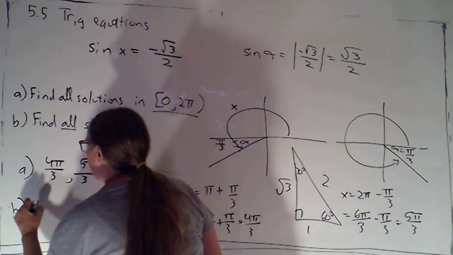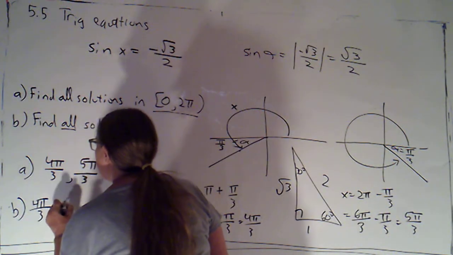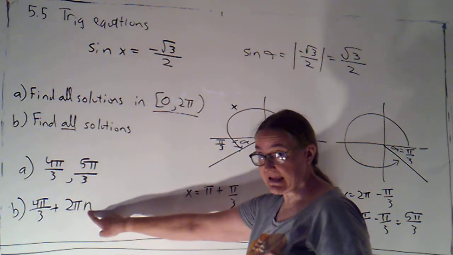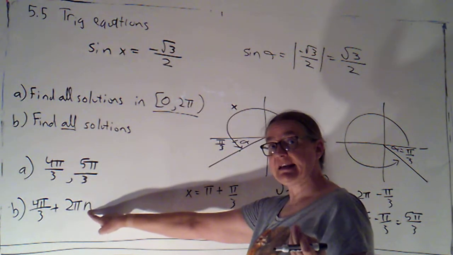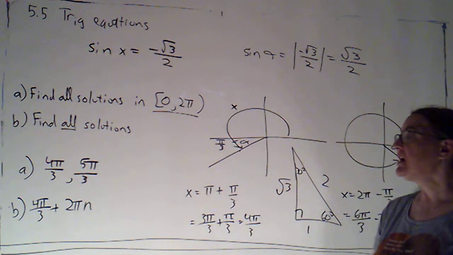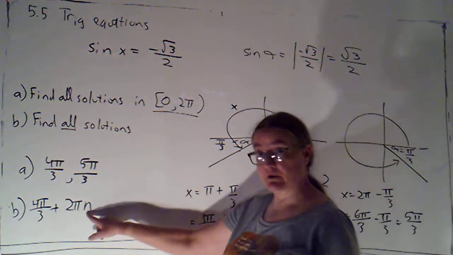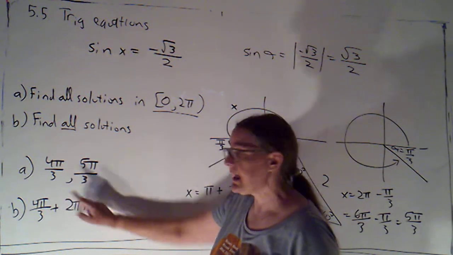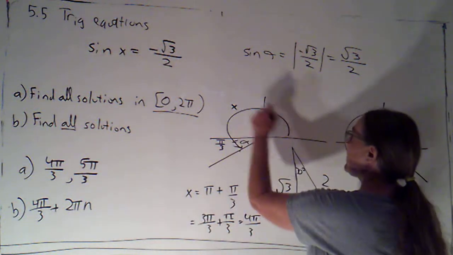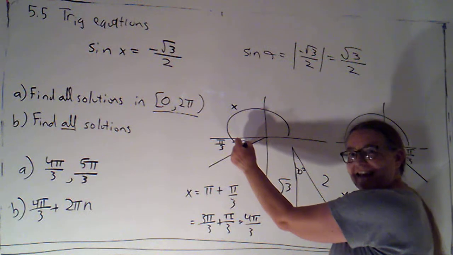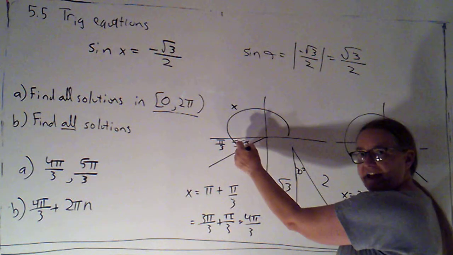So I can say it's 4 pi over 3 plus 2 pi times n. Now I'm letting n here represent an arbitrary integer. So if n happens to be 0, because 0 is an integer, then I'm just getting 4 pi over 3. If n is 1, I'm coming 4 pi over 3 and then adding a revolution to that, and so I'm going to have a coterminal angle.